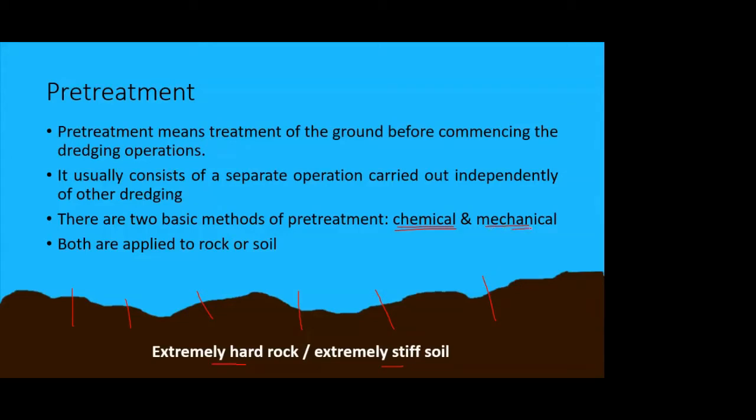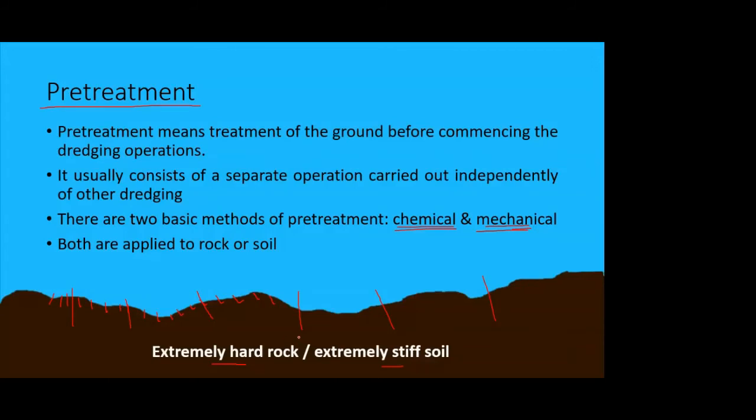Mechanical method is again drilling, and suppose drilling in such a way that you drill very small holes in it, all over the surface, or might be even blasting if you have to undertake. So that also comes under this mechanical pre-treatment. So basically this pre-treatment involves anything which will allow you to loosen up this extremely hard rock or stiff soil a bit.